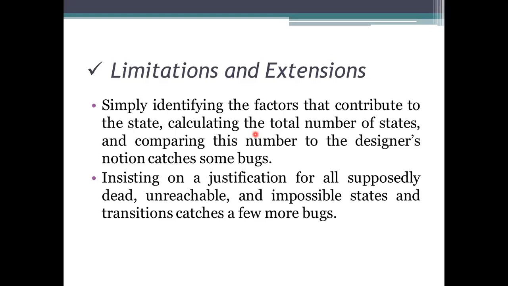The factors, for example in the engine I took: we have the gears, then whether the engine is working or not, and then the directions, in which direction it is moving. All these factors will be considered.